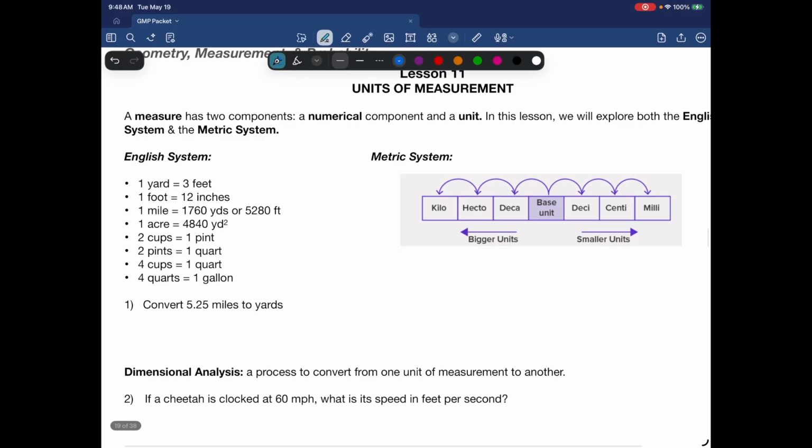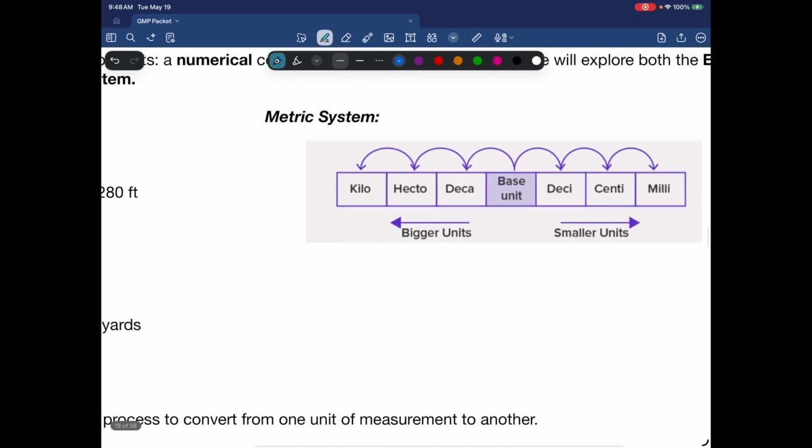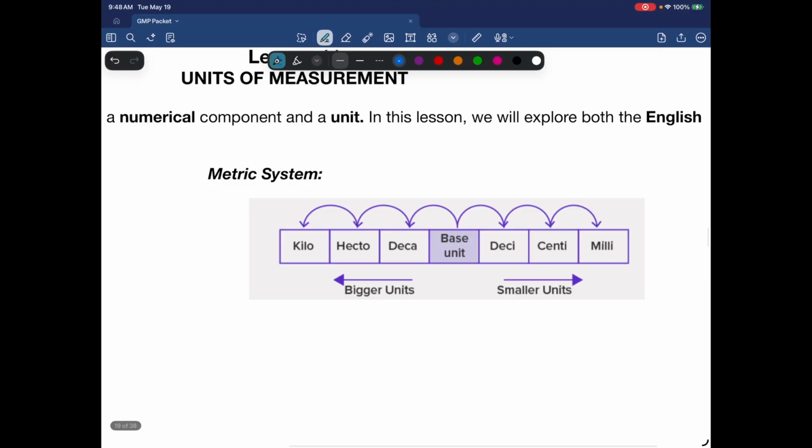So you have yards, feet, inches, acres, miles, cups, pints, quarts, gallons. Metric, you have kilo, hecto, deca, your base unit. So whether it's liters, grams, meters, or anything like that, you have kilometers, hectometers, decameters, decimeters, whatever. These are all powers of 10. So this would be 10 to the 0.